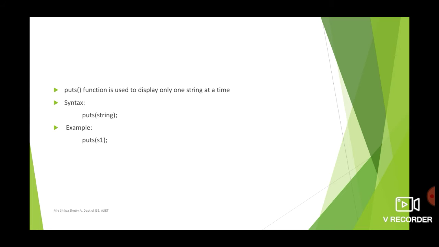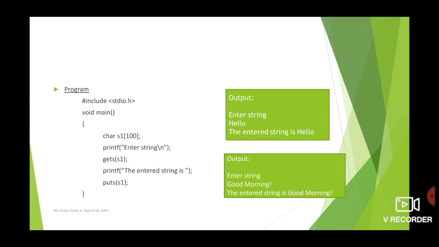Similarly, puts and printf are also used for the same purpose. The first two, scanf and gets, will read the string, whereas puts or printf will print the string. The only difference between scanf and gets is that scanf reads a single word, whereas gets will read multiple words.